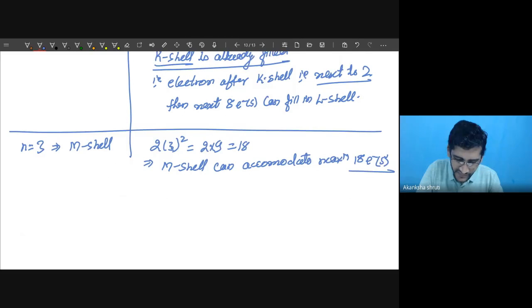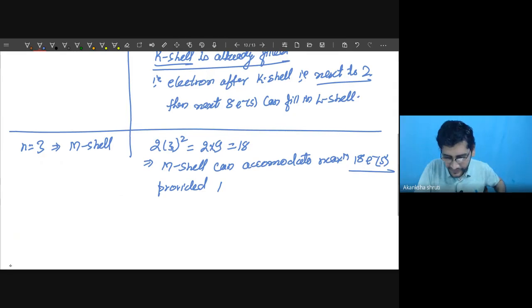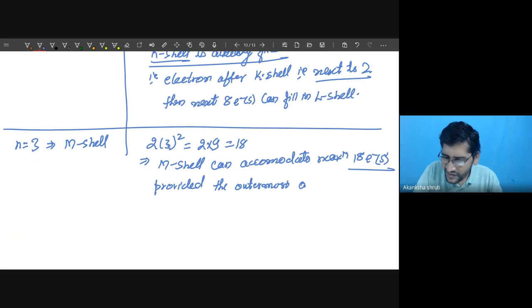So provided the outermost orbit contains 8 electrons.